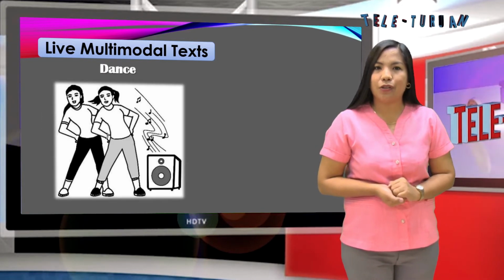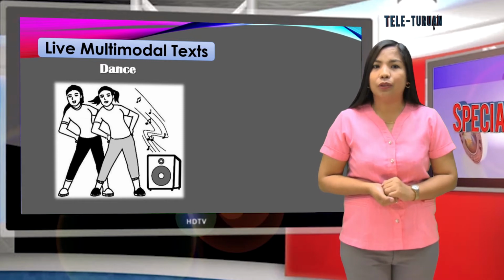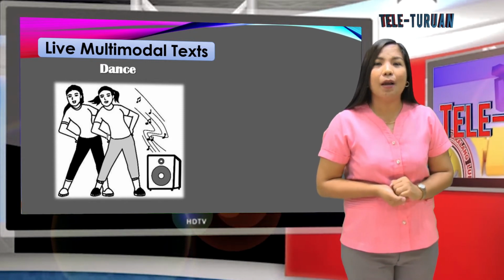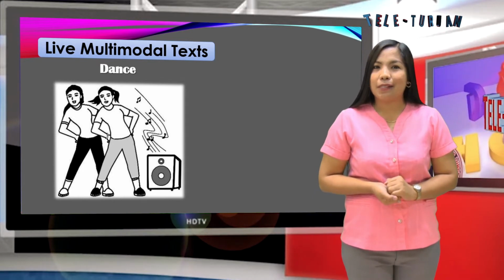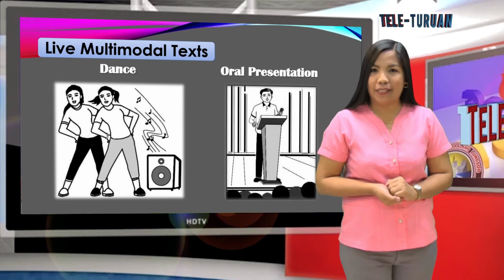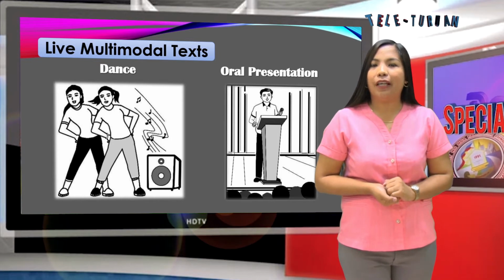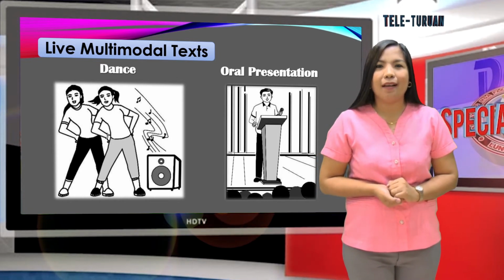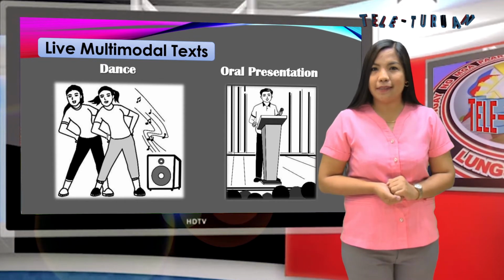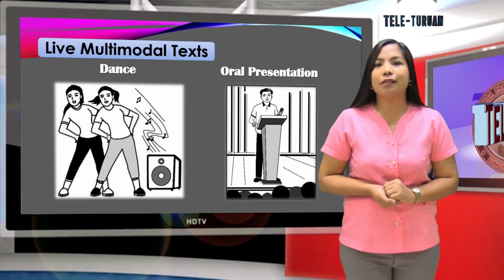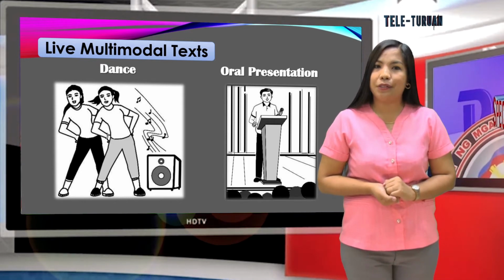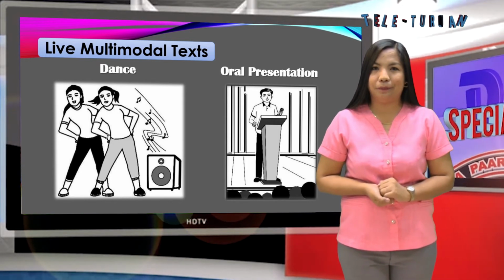It is an expression of an idea or emotion through the use of body movements in a rhythmic way accompanied with music. And also, in a form of oral presentation, it is the delivery of an idea in front of a public audience. Dance and oral presentation use combinations of different modes such as gestural, spatial, audio, and oral language.